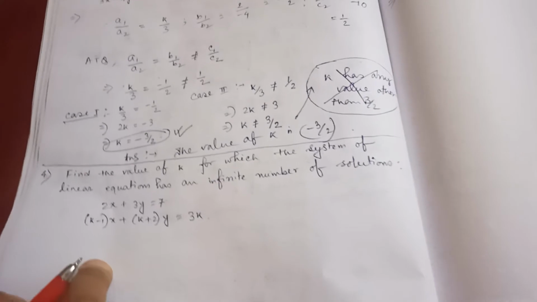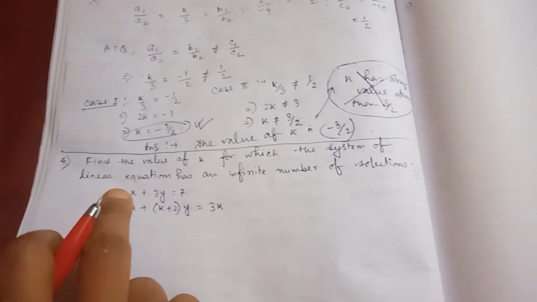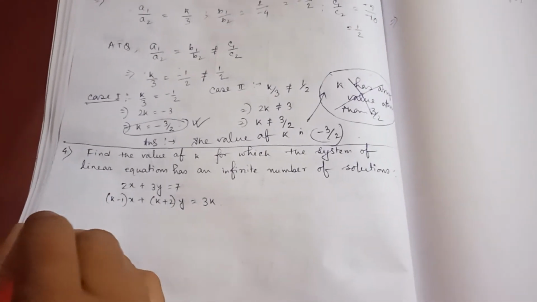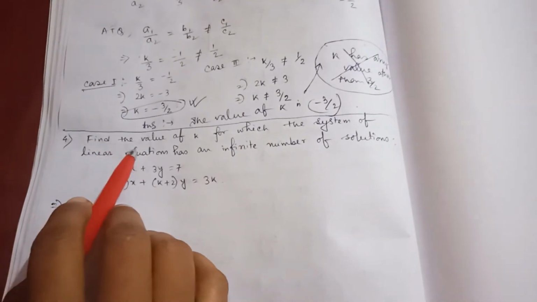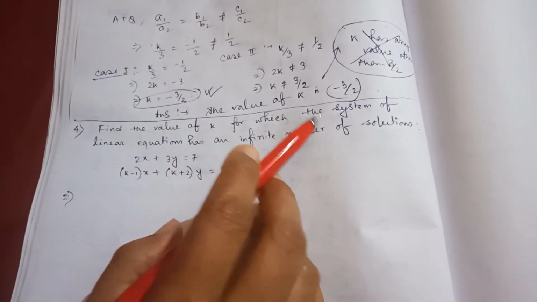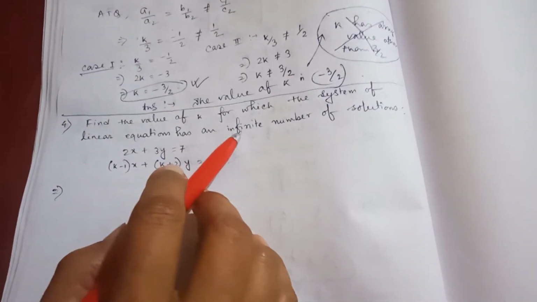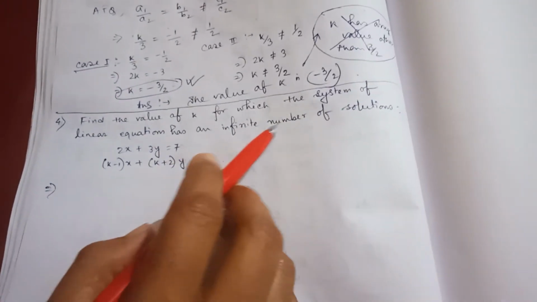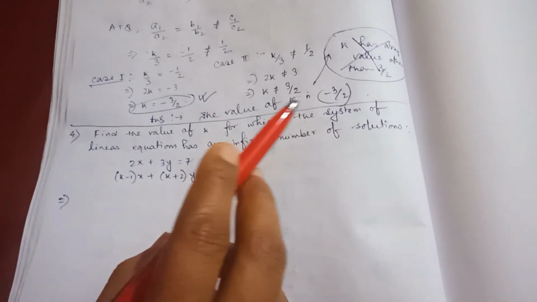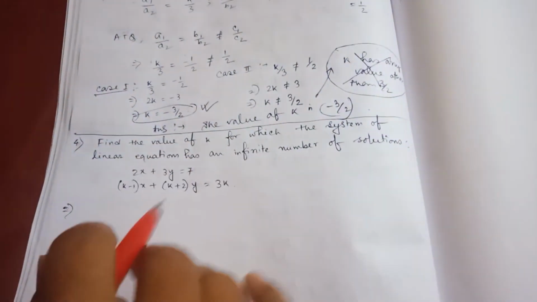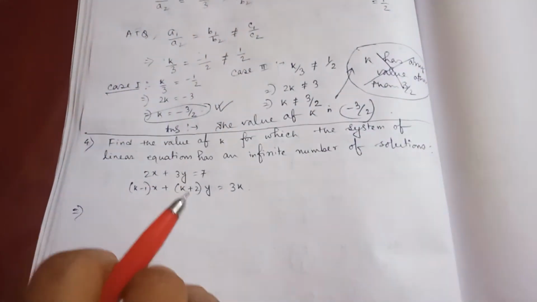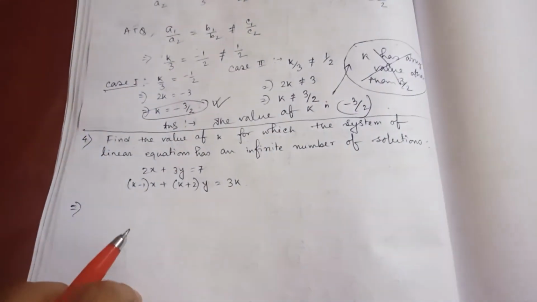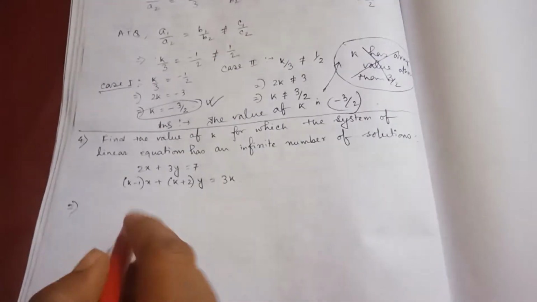Now coming to question number 4. What is question number 4? This is again another type. Find the value of k for which the system of linear equation has an infinite number of solutions. Infinite number of solutions means superimposed lines, coincident lines, overlapped lines, that means ultimately equal line.